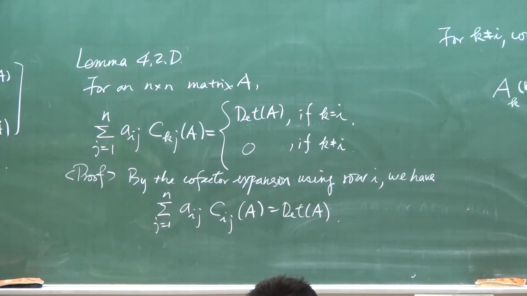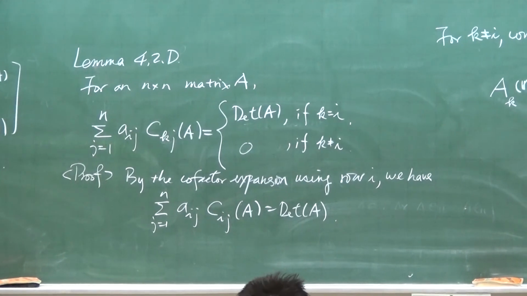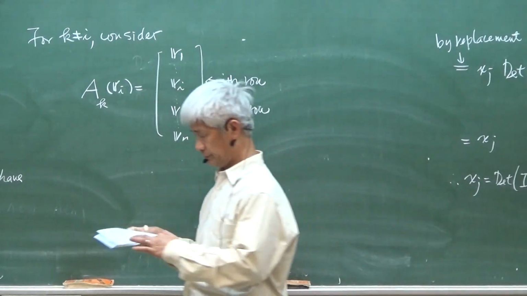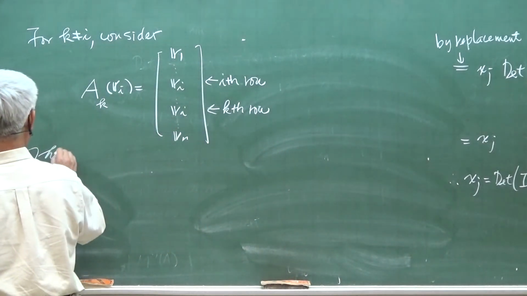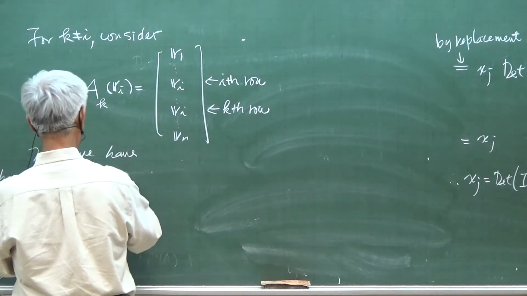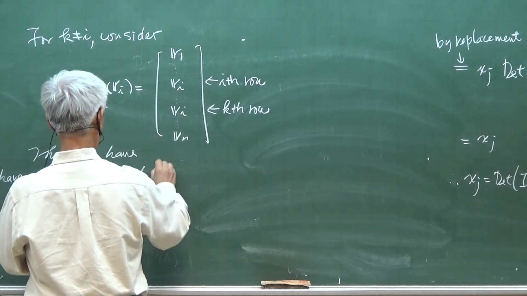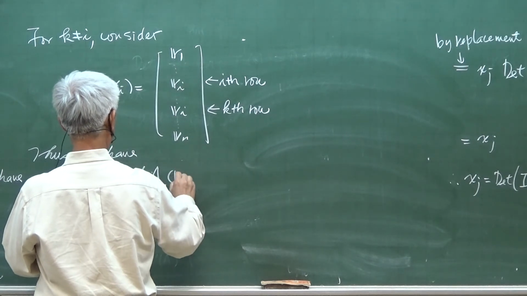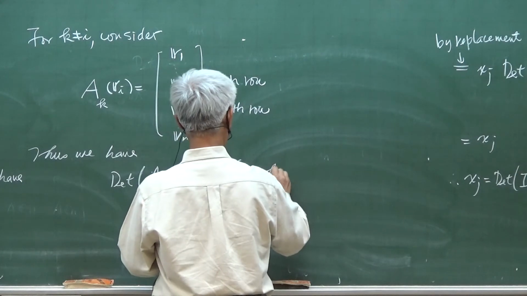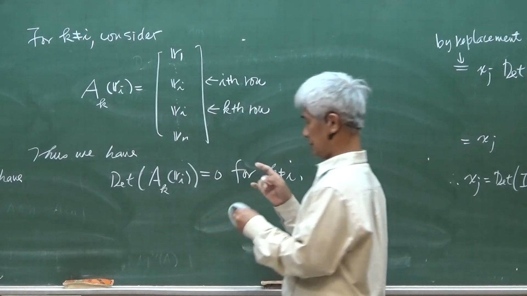Because we have equal rows, the determinant of this matrix is 0, by the equal rows property. So the determinant of A_k(i) is equal to 0 for k not equal to i.